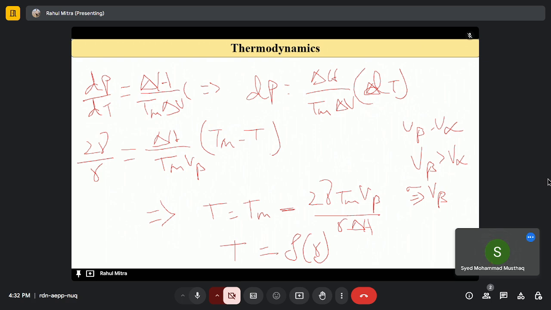If R tends to infinity, I mean if you're talking about the bulk surface or the flat surface, then T will be equal to Tm for bulk materials. Now if you go on decreasing R, then T shifts, or T decreases.